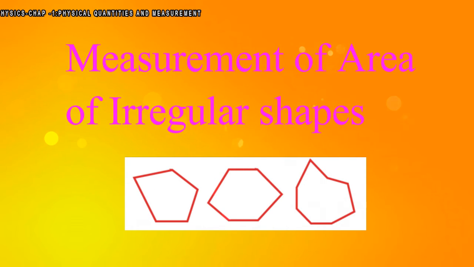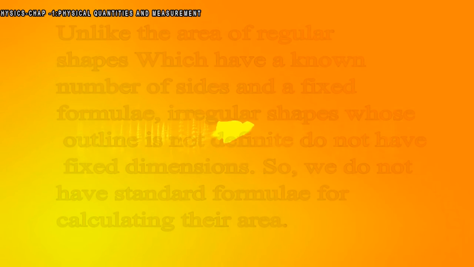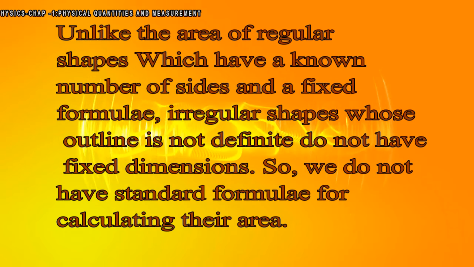Now, area of irregular shapes. Unlike regular shapes, which have a known number of sides and a fixed formula, irregular shapes whose outline is not definite do not have fixed dimensions. So, we do not have a standard formula for calculating their area.